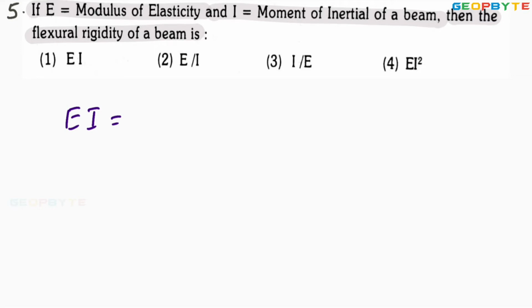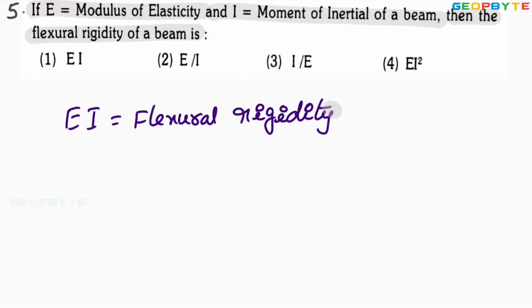Once again, the product of E and I is called flexural rigidity. Therefore, the first option is absolutely correct. I hope you got my point.